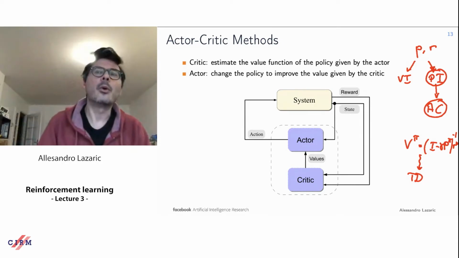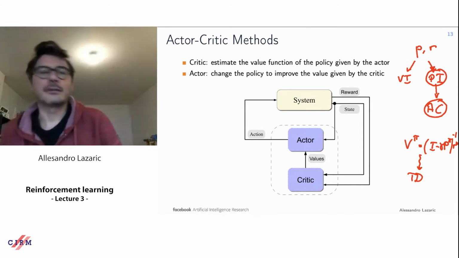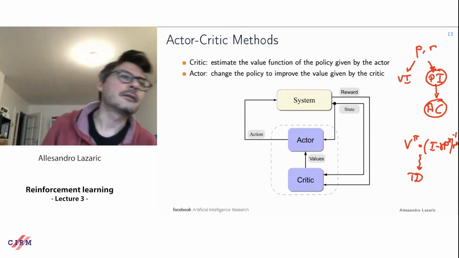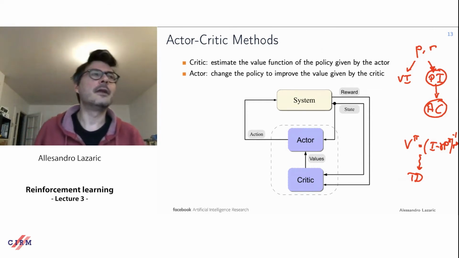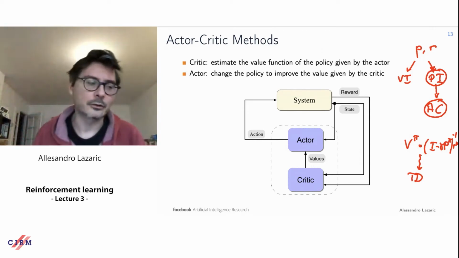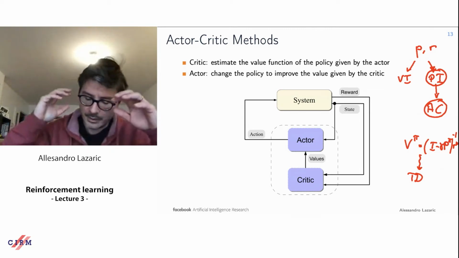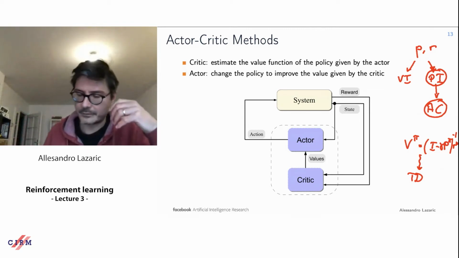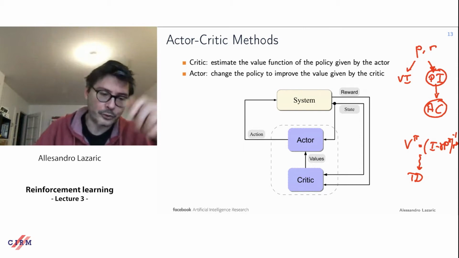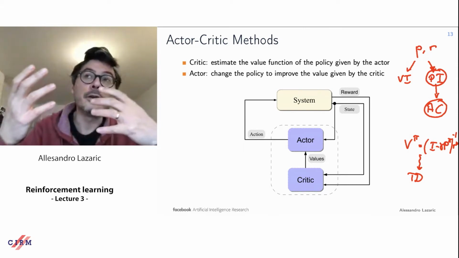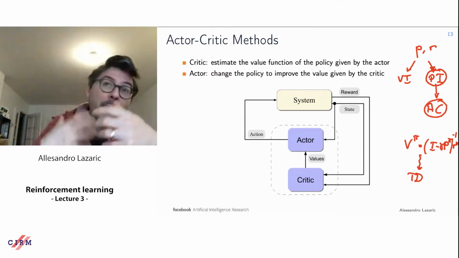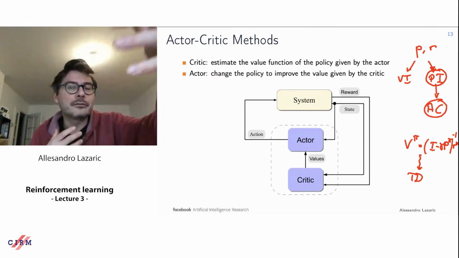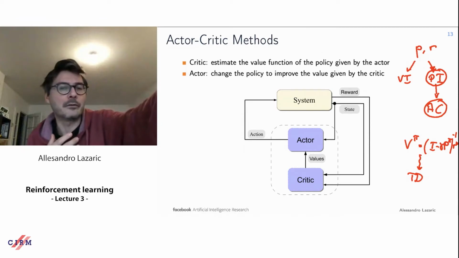If you attend a computational psychology or neuroscience course where they mention reinforcement learning, they would link temporal difference learning to the way synapses work, and how synapses are reinforced by a gap between what we expect, which is V of pi, and what we observe, which is R plus gamma V of pi.